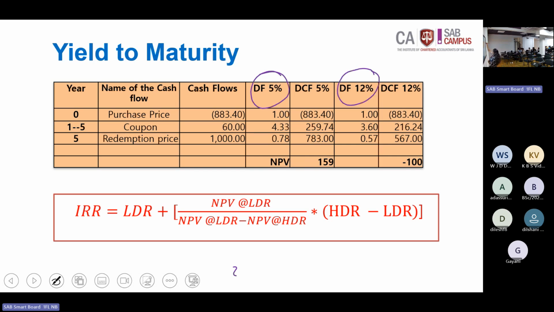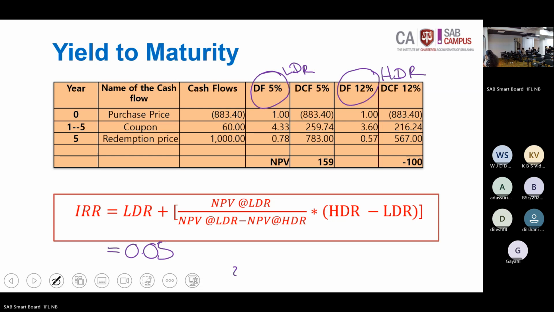So therefore name it LER, and this one the highest discount rate. Out of these two discount rates, the lowest discount rate, how much is it then?